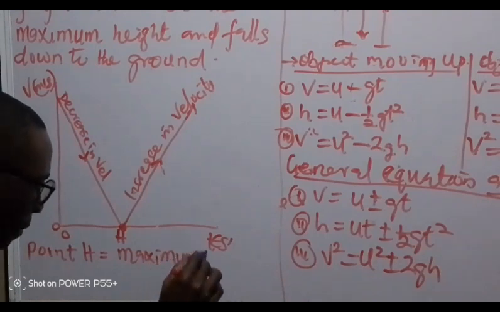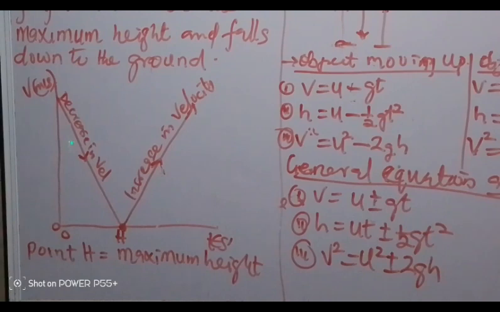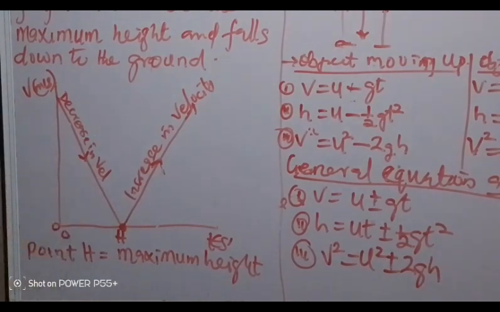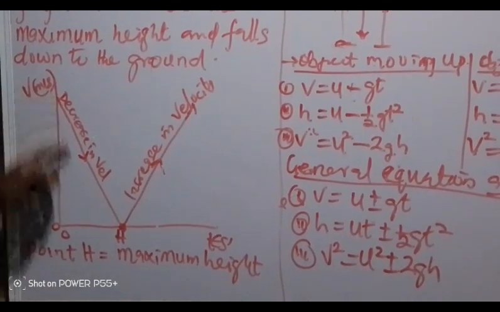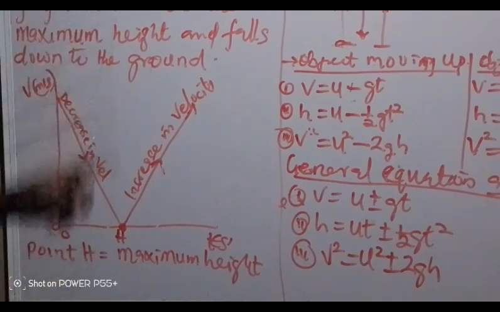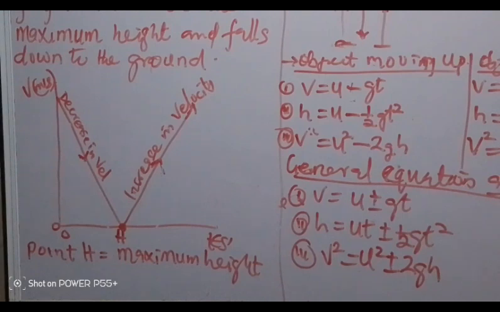So this is how the velocity time graph will look like for an object thrown up vertically from the ground, reaching the maximum height and falling back to the ground. As it's thrown up, the velocity will decrease. After it reaches the maximum height, the velocity will increase. So this is how the velocity time graph will look like.